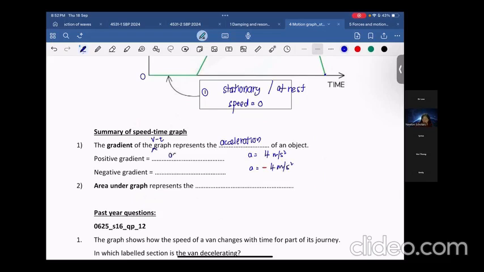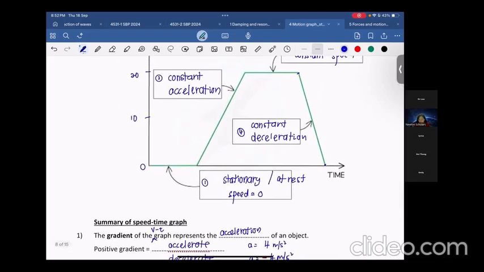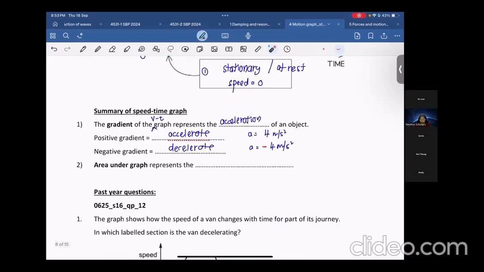Just now we said accelerate, decelerate. One means speed up. So section 2 is positive gradient, so it speeds up. Last section is negative gradient, so it slows down. Area under the graph represents what? Distance travelled. Okay, is that clear?